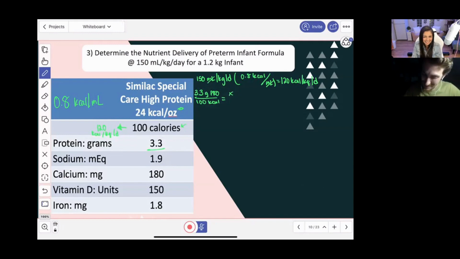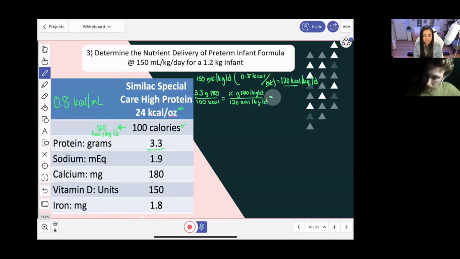So it's going to be X grams of protein per kilogram per day over, this time, instead of the 96 calories per kilogram per day, we are going to use what we just found here, which would be 120, because again, this is the new calories that are going to be received by this infant based off of the new formula. So it's going to be 120 calories per kilogram per day.